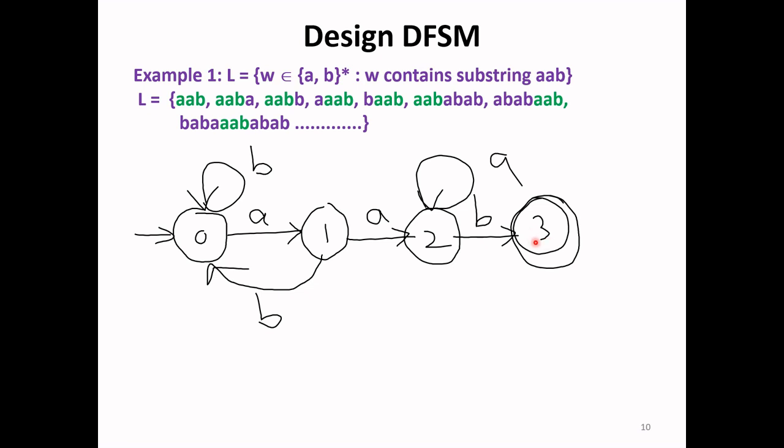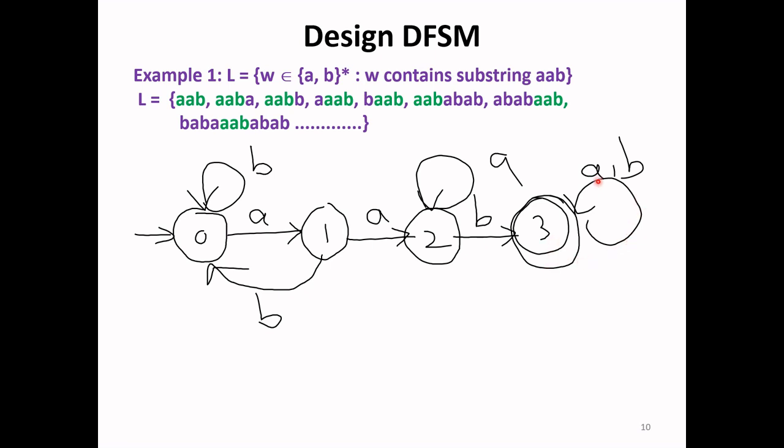Coming to state 3. So for state 3, can I take a self loop for both A and B? Yes, I can. Why? Because the language states it must have the substring AAB. I have a substring AAB reaching the final state.